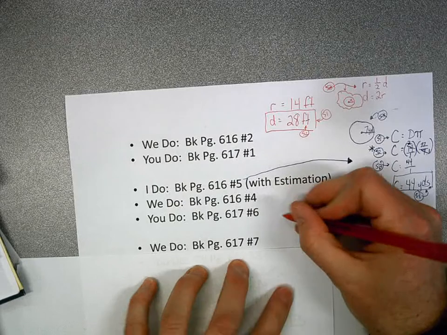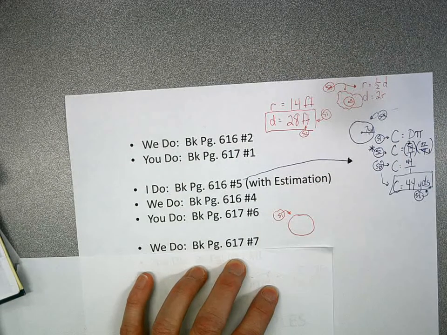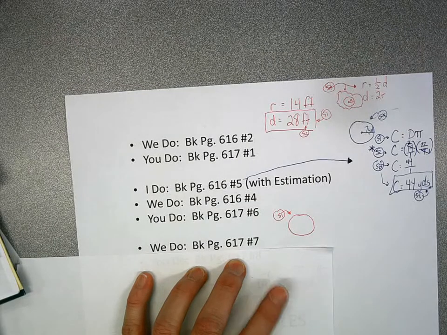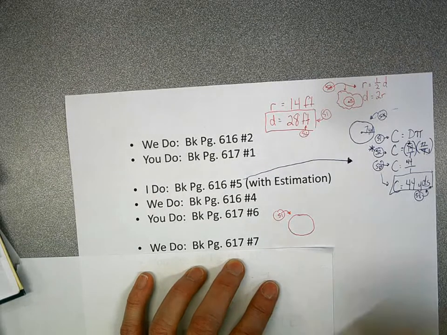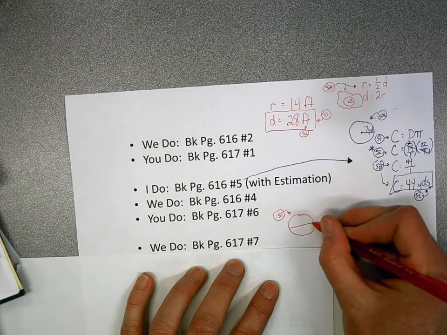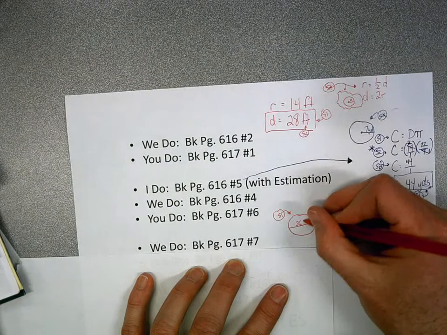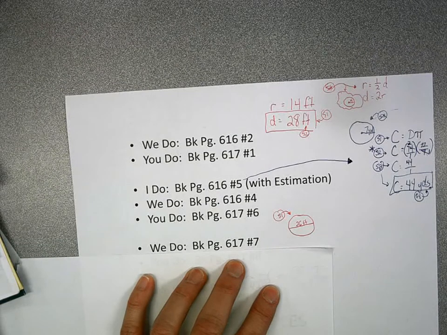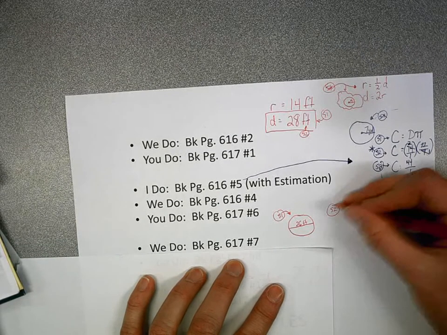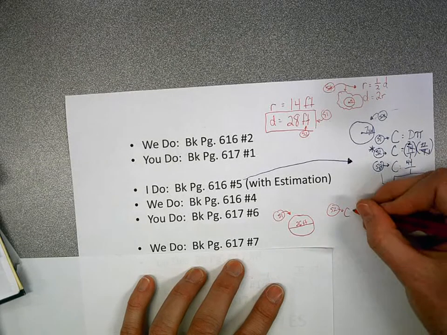Okay, step 1 is what I was talking about earlier. We're going to go ahead and draw a diagram for a word problem. Why? Because sometimes if we simplify it as a picture, it'll help us. It says the diameter of the base of this tree, because trees are circles, is 36 feet. Step 2 is I'm going to solve for the circumference. So I'm going to write my formula.